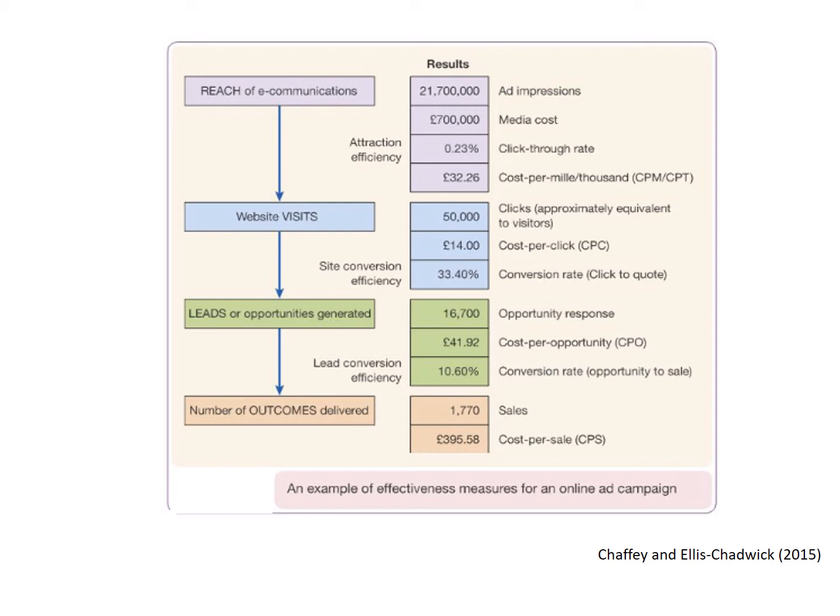If we are getting 21,700,000 page impressions, and it's costing us £700,000, then the cost per thousand ad impressions is £32.26, which represents 700,000 divided by 21,700,000, approximately 31 to 32 cost per thousand ad impressions.